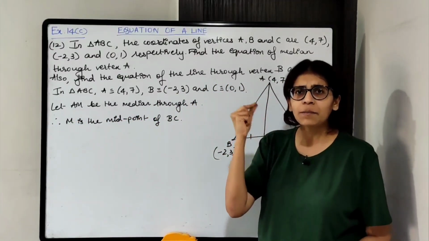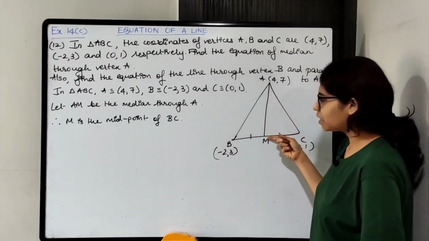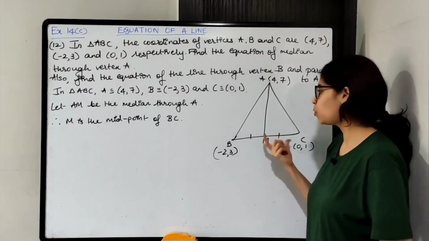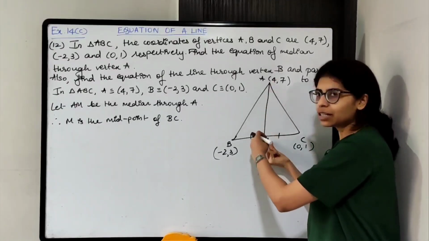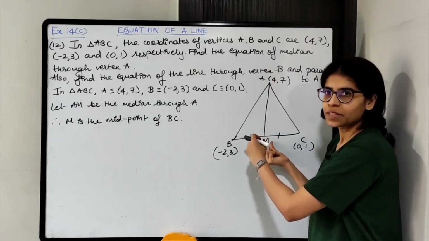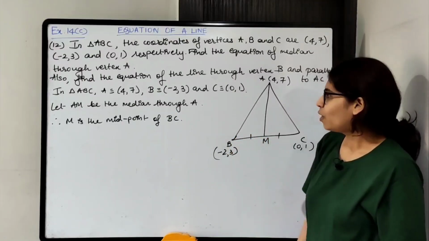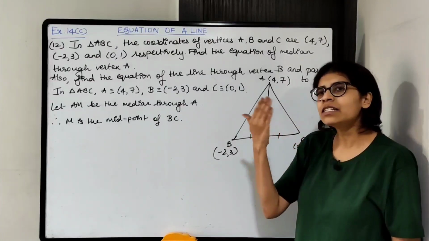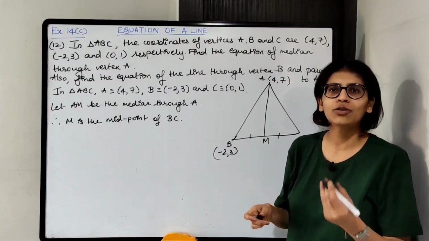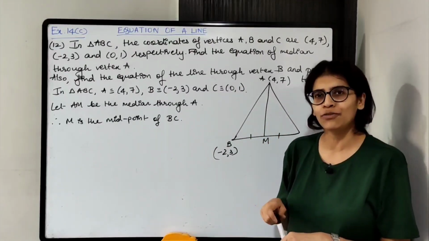Since AM is the median, AM median है, इसका मतलब M has to be the midpoint of BC. Okay, because midpoint से ही connect करेंगे. Okay. It has to be the midpoint. So this concludes that M is the midpoint of BC. Since it is the midpoint, I can easily find out the coordinates of M using midpoint formula.